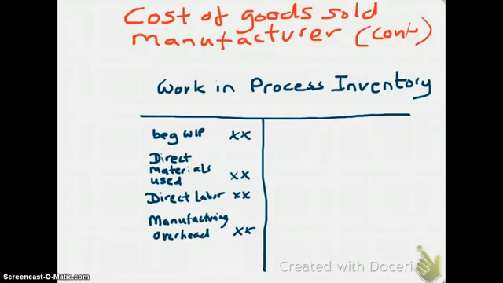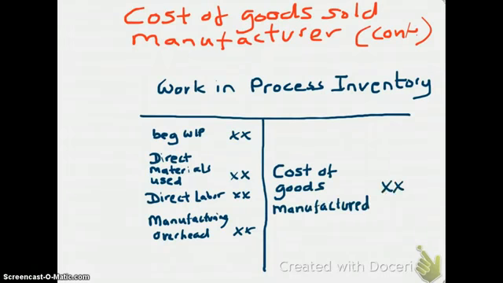What decreases your work in process inventory? Whenever you're done with the product, when you've completely manufactured the product and it's finished, what happens? It gets transferred out to your finished goods inventory, waiting for it to be sold. So the cost of goods manufactured reduces your work in process inventory, and it gets transferred out to finished goods inventory.